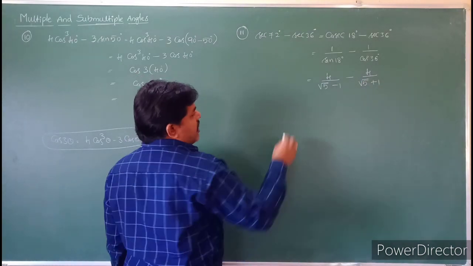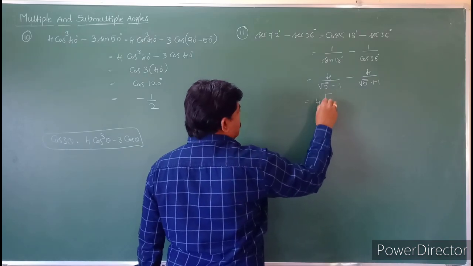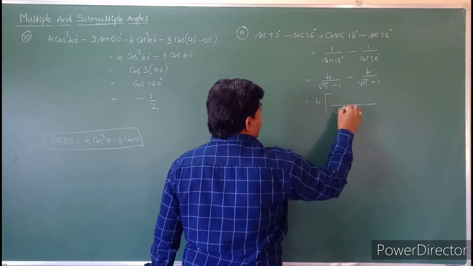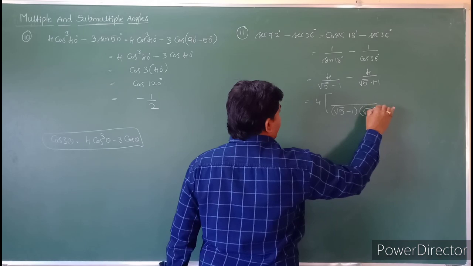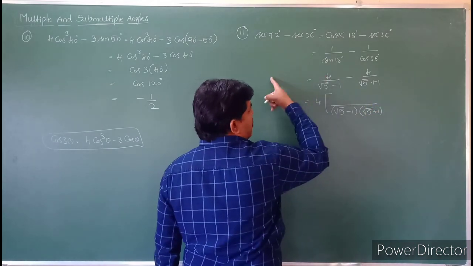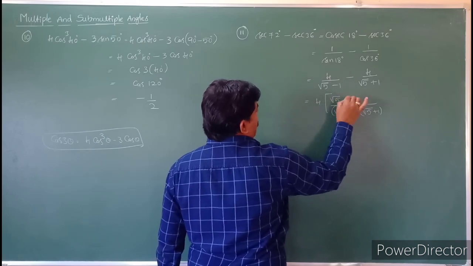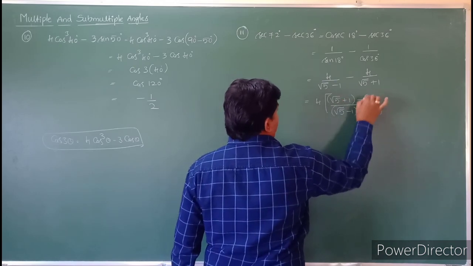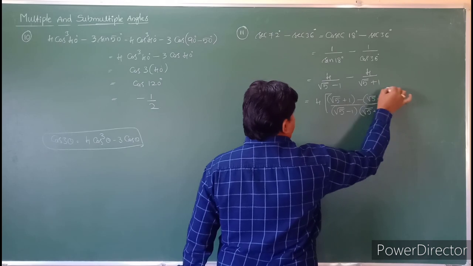So what happens here? I will take the 4 common and take the LCM, which is root 5 minus 1 into root 5 plus 1. Already taking the 4 common, you multiply here: root 5 plus 1 minus root 5 minus 1.